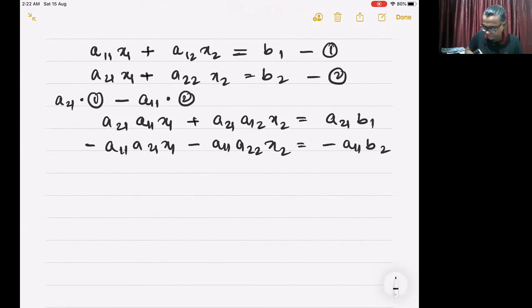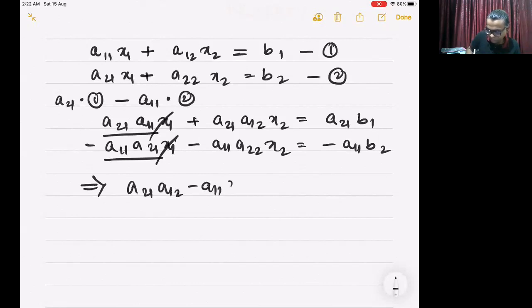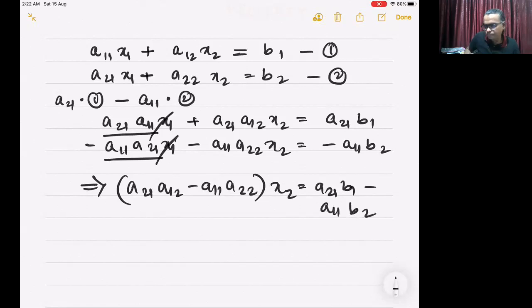Yeah, I think I have done it correct. Now, lo and behold, these two are the same. That is how they have been designed. That is why I did this multiplication. And because they are the same, I can just cancel them out. What I'll be left with then would be (a21 a12 minus a11 a22) into x2 equals a21 b1 minus a11 b2, which is an equation purely in terms of x2. Which means I can now solve for this x2, provided, of course, that this quantity out here is non-zero.